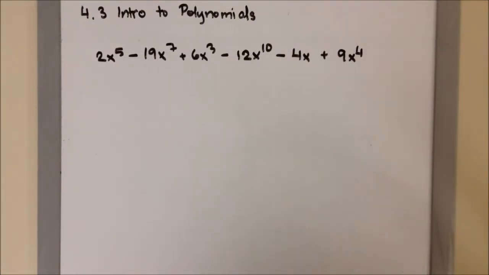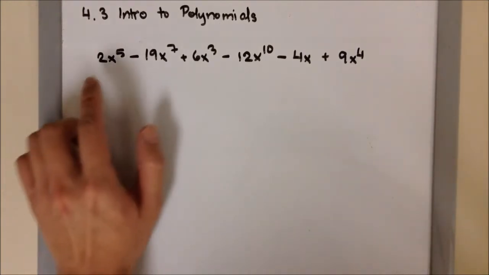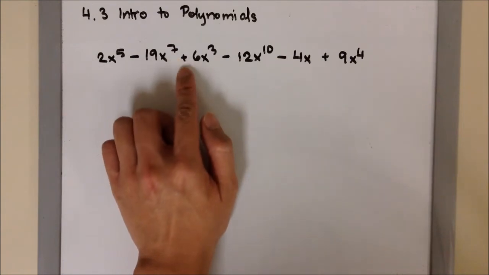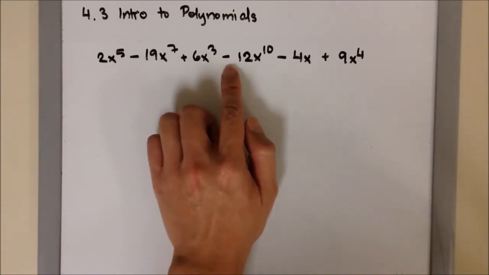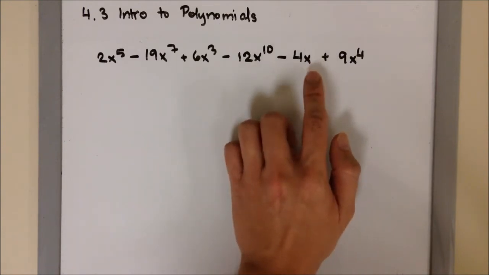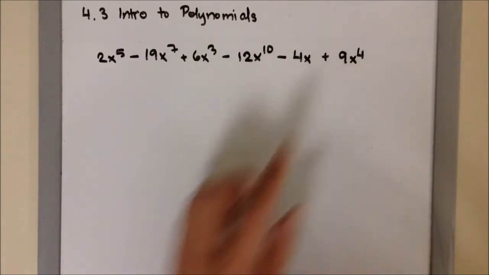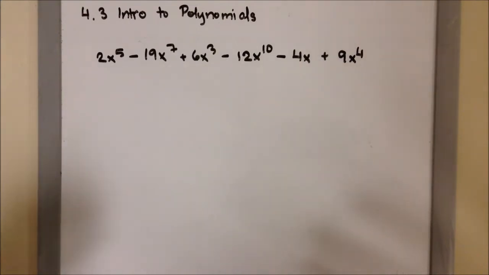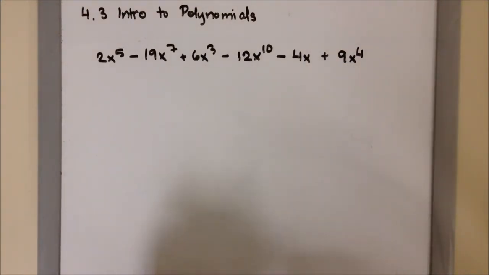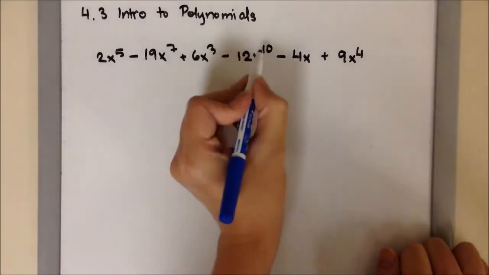In this example, we have an expression that has 2x to the 5th minus 19x to the 7th plus 6x to the 3rd minus 12x to the 10th minus 4x to the 1 power plus 9x to the 4th. So if you were asked to put it in order, you're going to start with the highest exponent, in this case the 10.